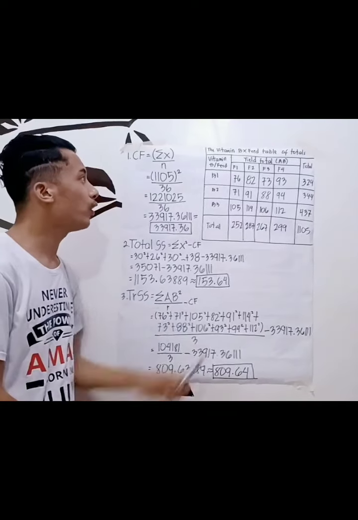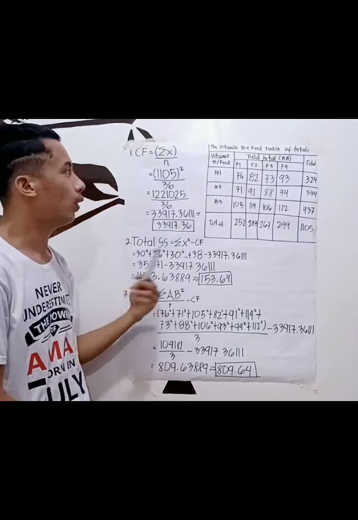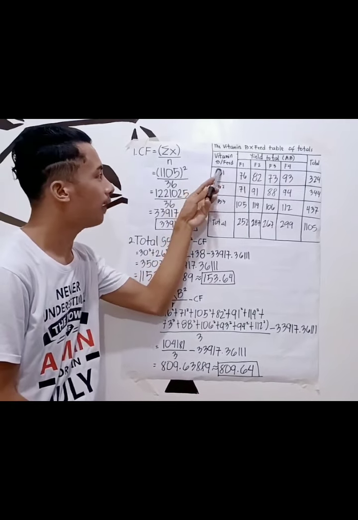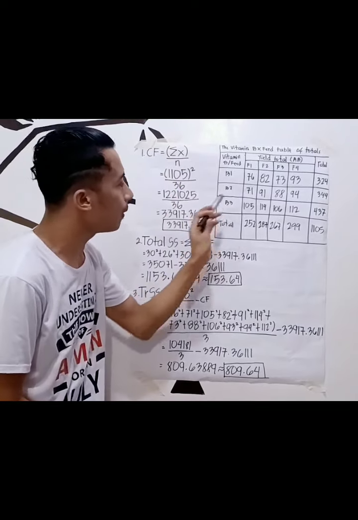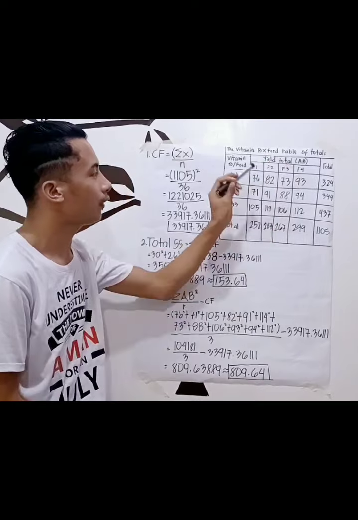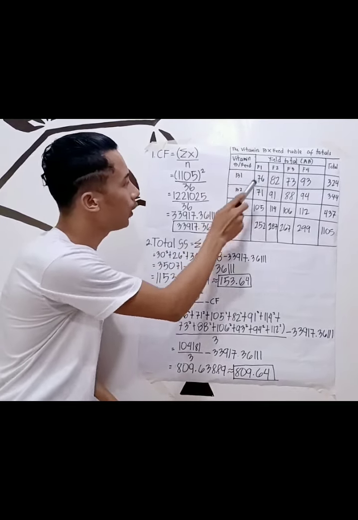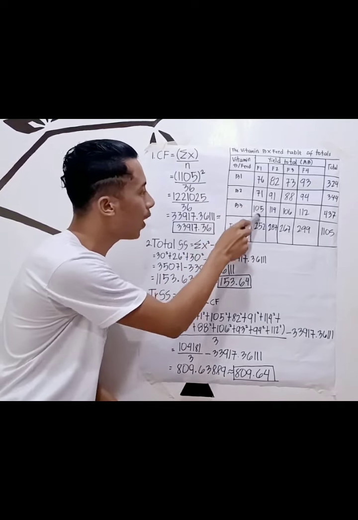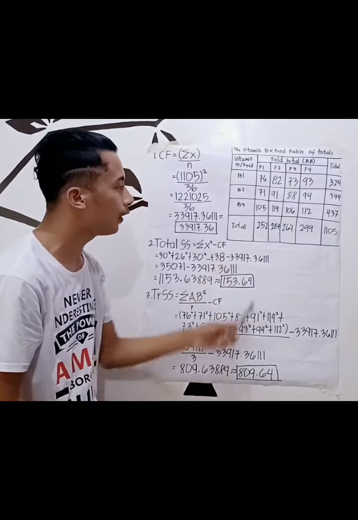We have another table, the feed by vitamin B table of totals: B1, B2, B3, and the total. The yield totals for A1 are B1 is 76, B2 is 71, B3 is 105, and the total is 252. Why 252?